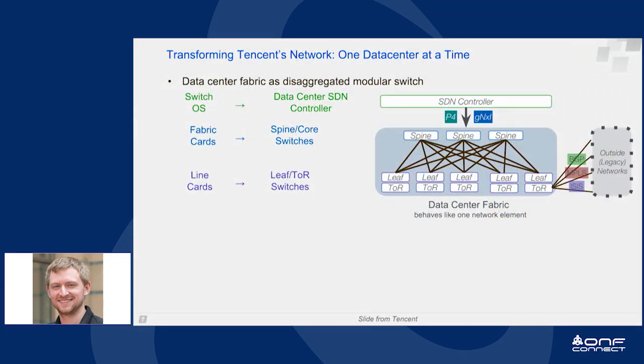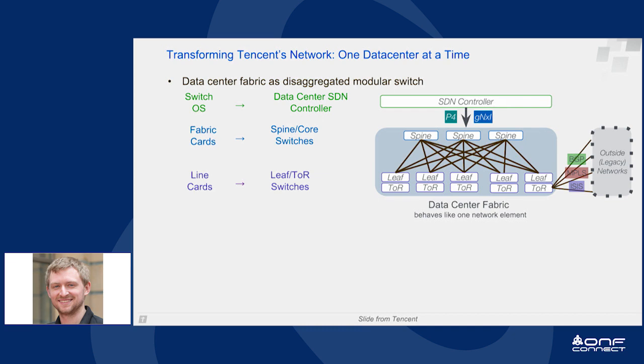The other use case I'll just mention comes from Tencent. Tencent is looking at how to disaggregate their data center fabrics. If you look at your traditional switch OS that sits on a big router, that starts to look like your data center's SDN controller, your local controller. The fabric cards in a traditional router look a lot like your spine switches in a Clos fabric, a white box Clos fabric.